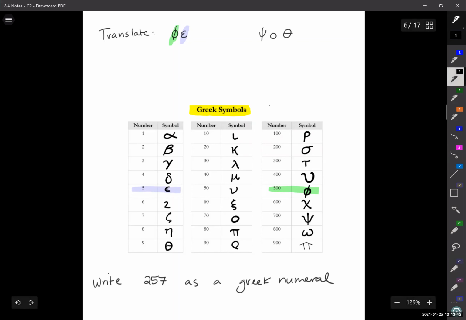So I apologize, this one I wrote kind of poorly. It should look more like this. There we would get 505. Matching the symbols.